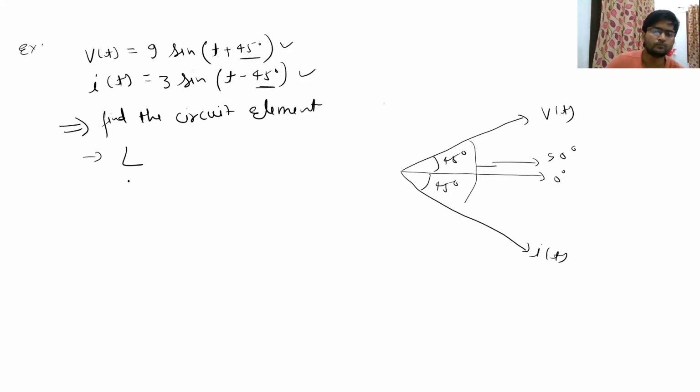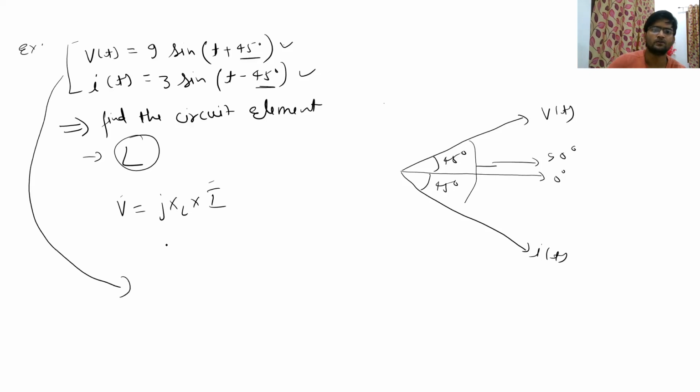So since it is an inductor, we know the relation, just as we did, that V is equal to jXL into I. V can be an instantaneous value or an RMS value, it doesn't matter. From these two equations, if we take this current as a reference point, then this Vt is at a 90 degree phase difference.